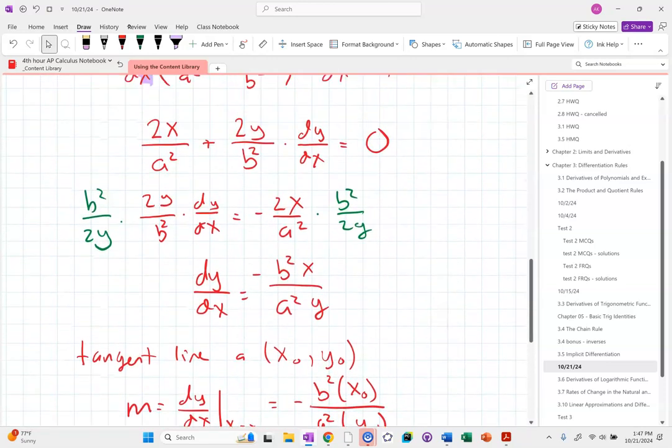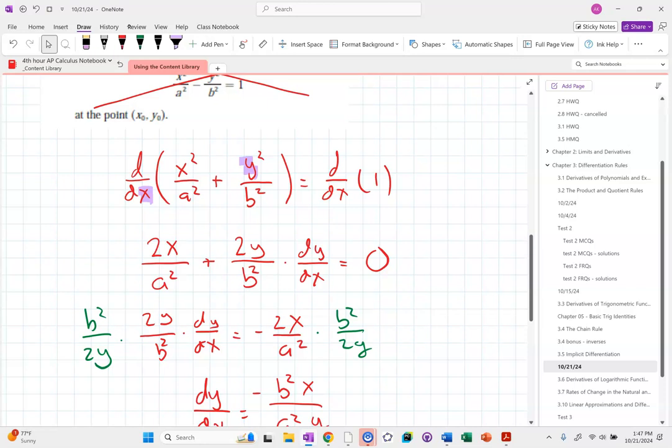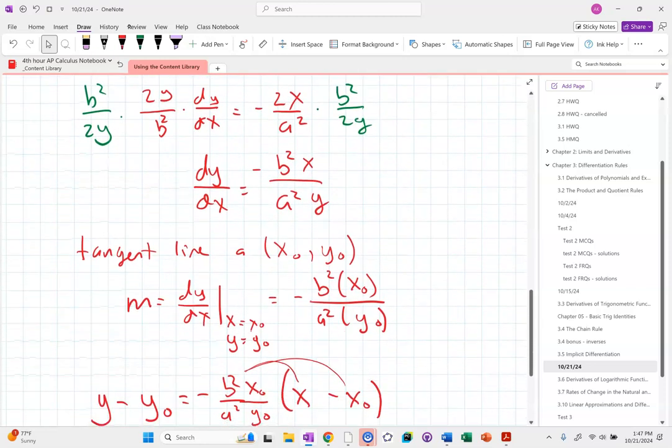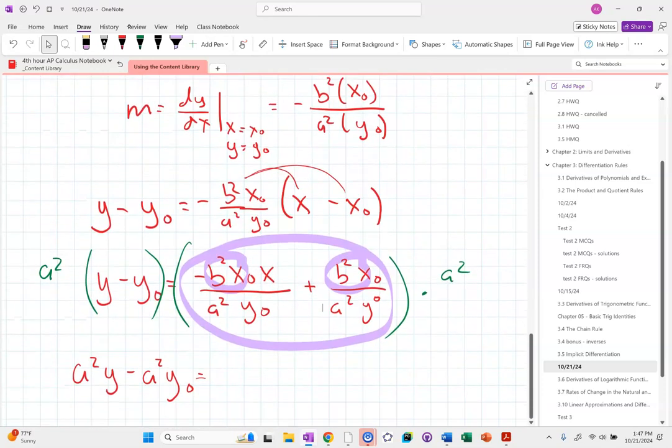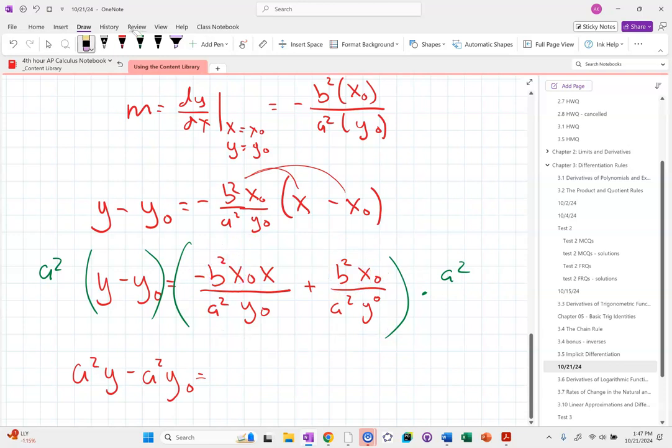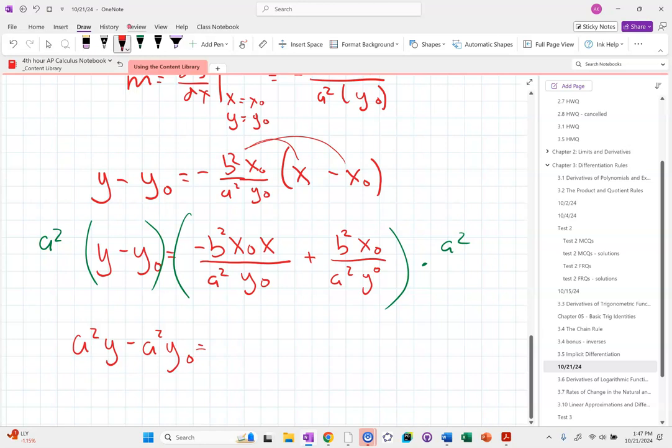Let me take a quick peek here. You know what I might rather... Well, let's just keep going. You know what I think I do want to do?